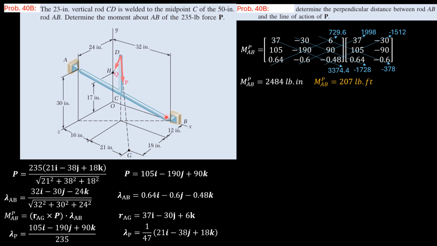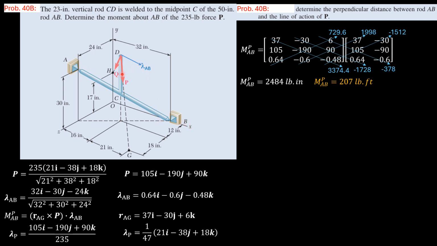Now, remember the guide? We resolve P into components, one parallel to AB, which has no moment about AB, and the other one perpendicular to AB. So that's the axis, unit axis vector AB, the free vector of AB. That's why it's parallel.